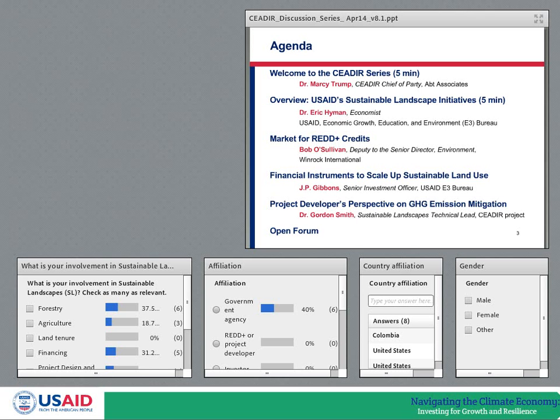And we have the ability to work across all of these congressionally mandated pillars and U.S. government pillars in climate change, which means we work in clean energy, we work in sustainable landscapes, and we work in adaptation. So it's a bit of a unique project. It is global, but we work with countries. So we're very interested, and we're already setting up some activities right now with different missions.